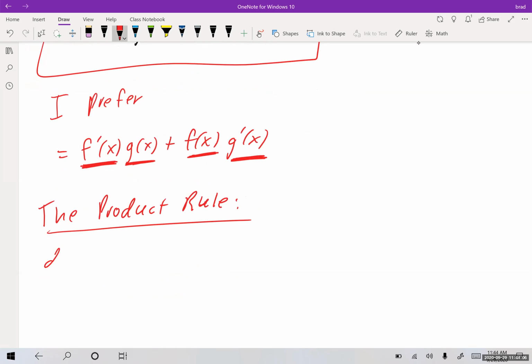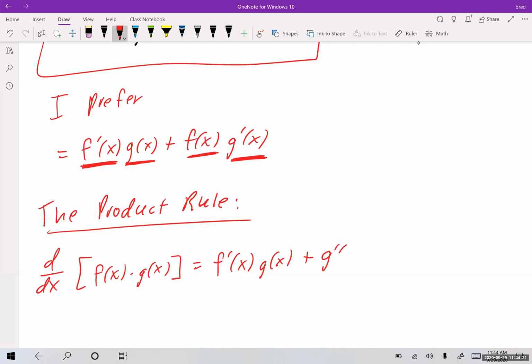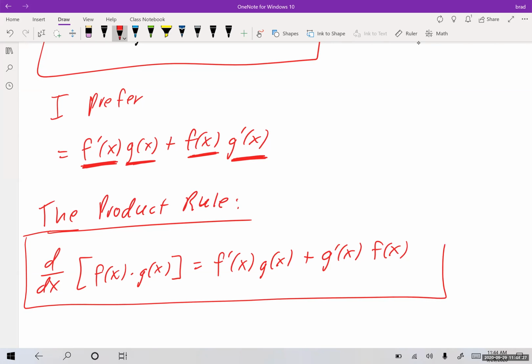Okay, so it says if you're going to take the derivative of f of x times g of x, then that will become f prime of x g of x plus g prime. They like to always have the derivative be the first thing. And this is our product rule. Okay, so make sure you learn that and memorize it.